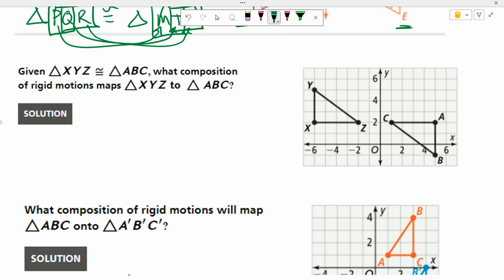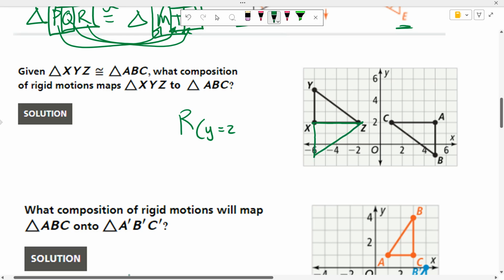So if we reflect down like this, so if we reflect across the line y equals 2, then we have X, Z, and Y here. Well, that looks pretty good. Okay? But then we want this straight part, X and Y, to be where A and B are. So we now have to reflect it across here.